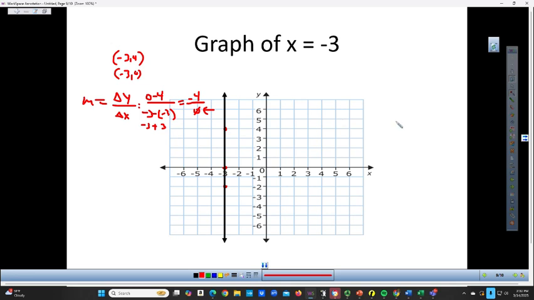And if this was a horizontal line, let's say y equals -3, and we did the same thing with those points, we said the points were 0, -3, and 1, -3. And we did our slope formula. m equals the change in y over the change in x.